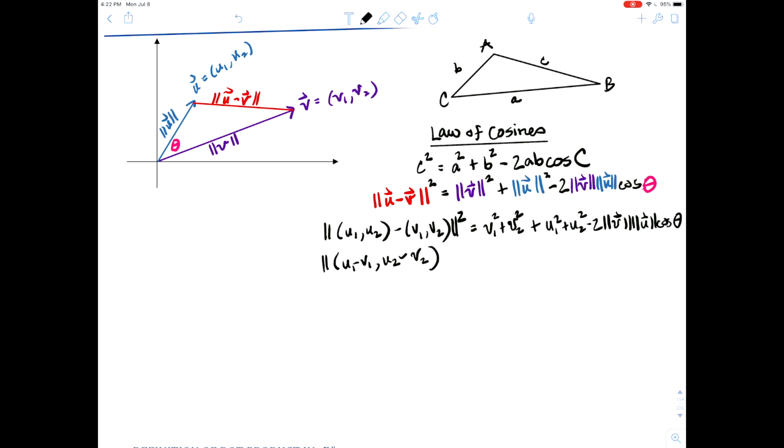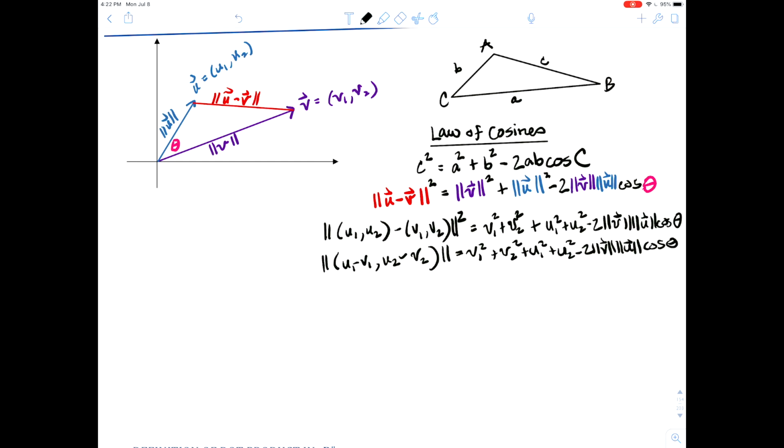And that's in magnitude. And then I still have this other stuff over here, V1 squared plus V2 squared plus U1 squared plus U2 squared minus 2 magnitude V, magnitude U, cosine theta.